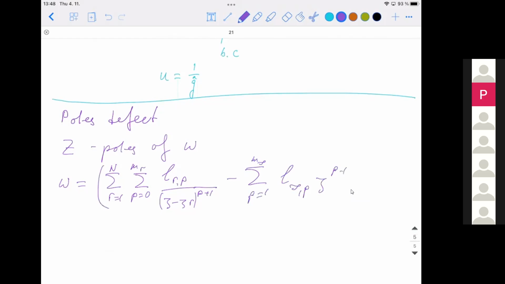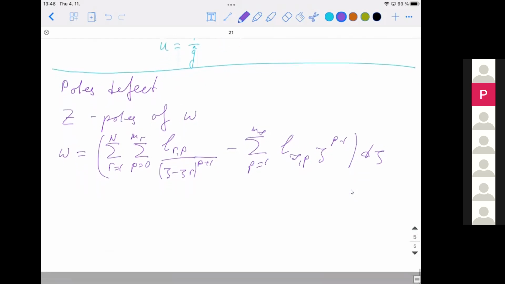It's the most general form to write omega with poles. So, okay.